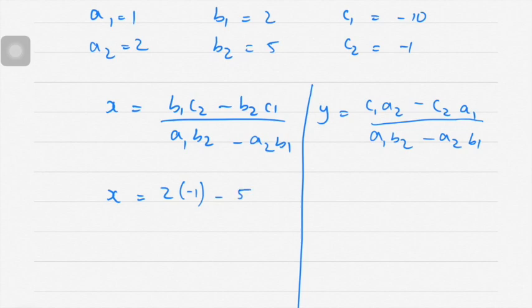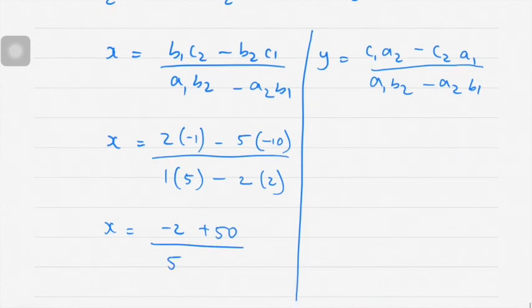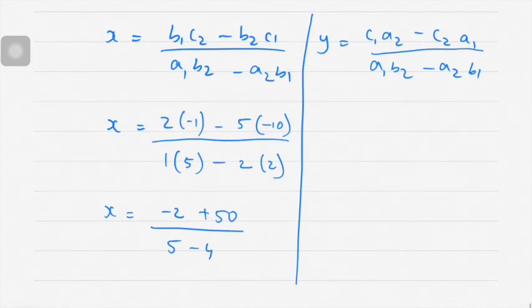So my B1 is 2, C2 is minus 1, B2 is 5, C1 is minus 10. A1 is 1, B2 is 5, minus A2 is 2, and B1 is also 2. Okay, so x is equal to minus 2 plus 50, 5 minus 4. 5 minus 4 is 1.